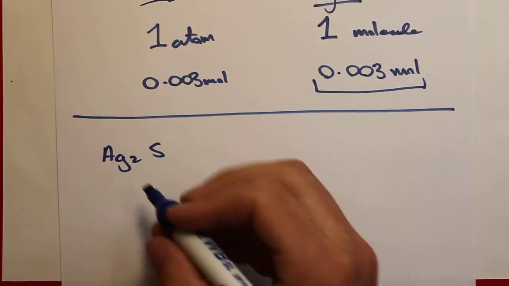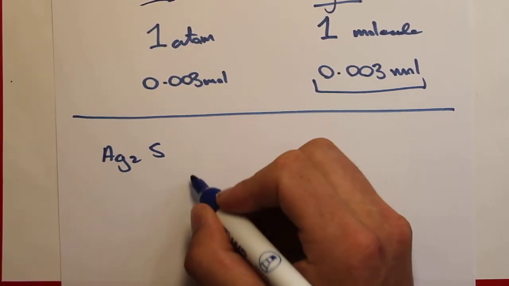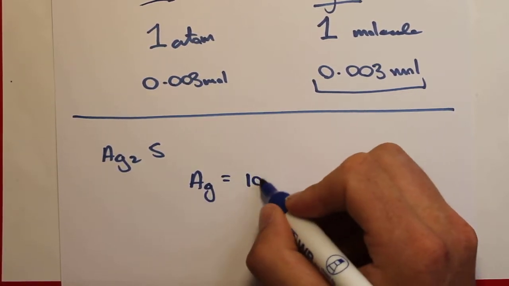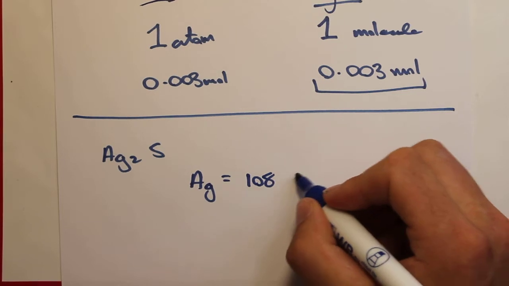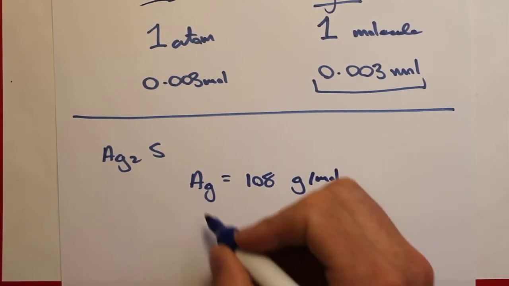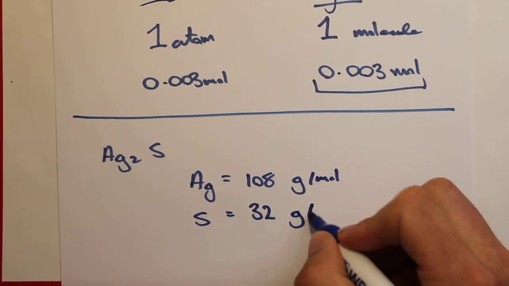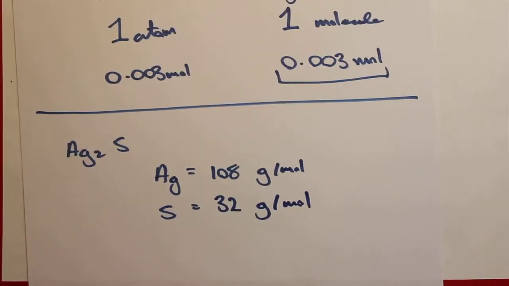So we go to our periodic table, we find the relative atomic weight of silver to be 108 grams per mole, and sulfur to be 32 grams per mole.